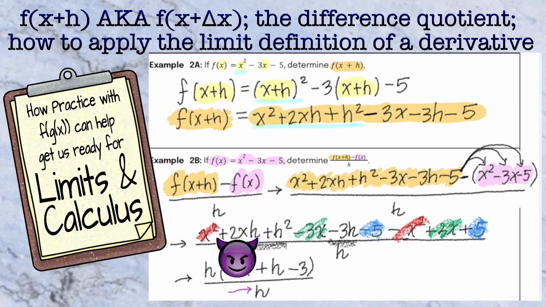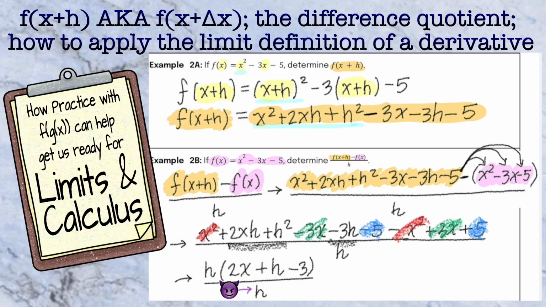That h is a little devil. He's a problem child. We've got to get rid of him. We need to get him out of the denominator because our future plans for that h are that we want h to eventually equal 0. And as things are right now, he is absolutely not allowed to equal 0.